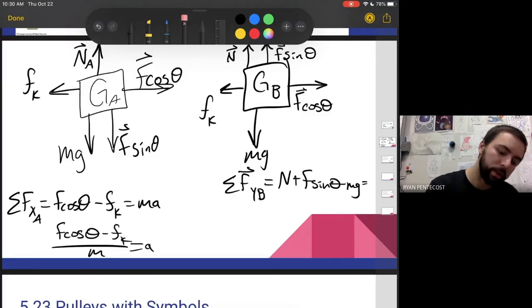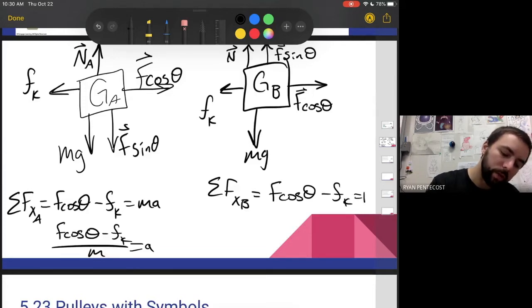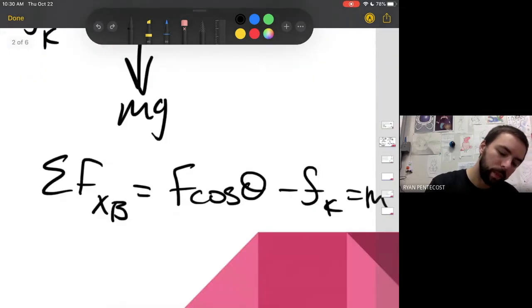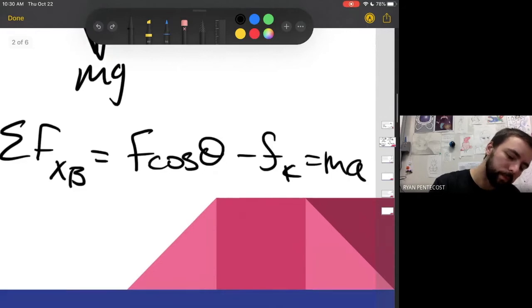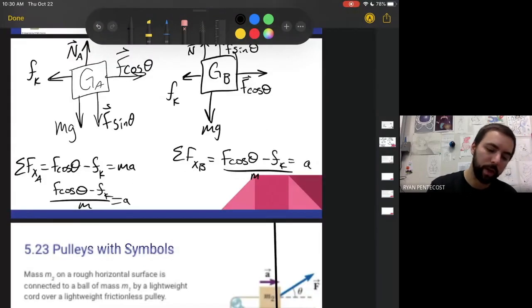And then let's look at the summation of forces in the x for part B. So summation of forces in the x for part B, we again have F cosine theta minus kinetic friction equals ma. So we're going to get something very similar. Acceleration is, again, F cosine theta minus friction k divided by m.